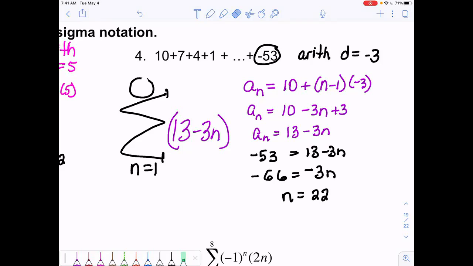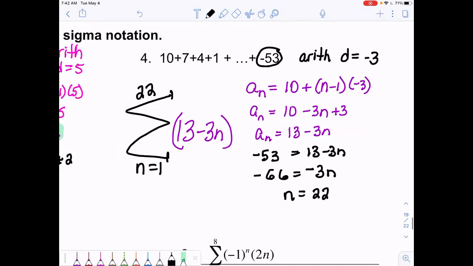So our number on top is a 22. And then you have sigma notation. So both of those things we've done, we just did them separately. So with a sequence, you found the formula, or you found the number of terms in a separate problem. Now we're combining them together in one problem to create this series.